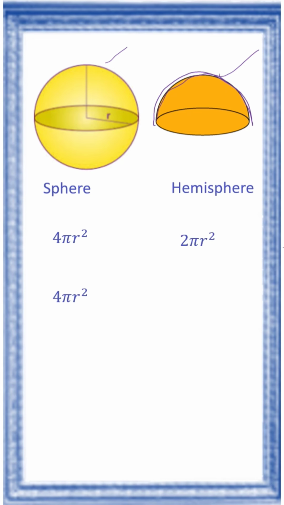TSA of sphere is 4 pi r square. As I have already said, both measures are the same for this one. Here it is 3 pi r square, as this includes this surface also, the area of the circle. Volume of the sphere is 4 by 3 pi r cube. Volume of the hemisphere is 2 by 3 pi r cube.